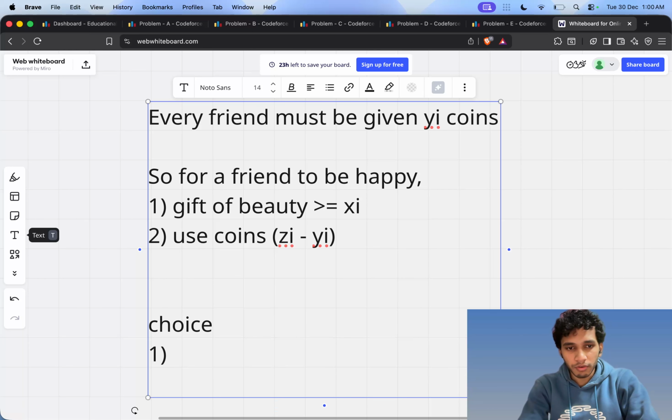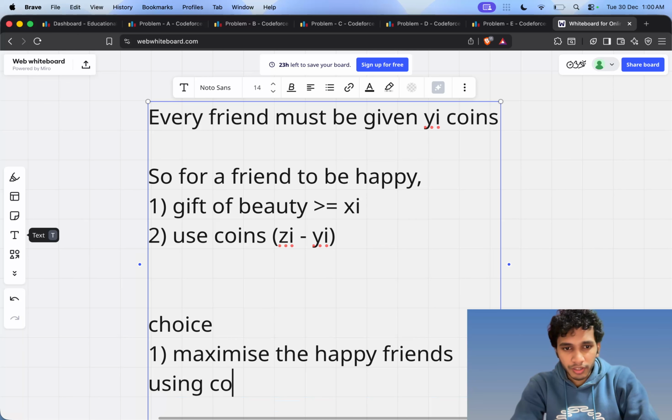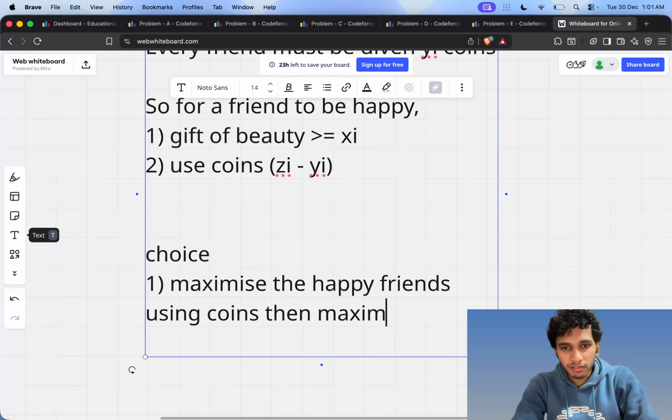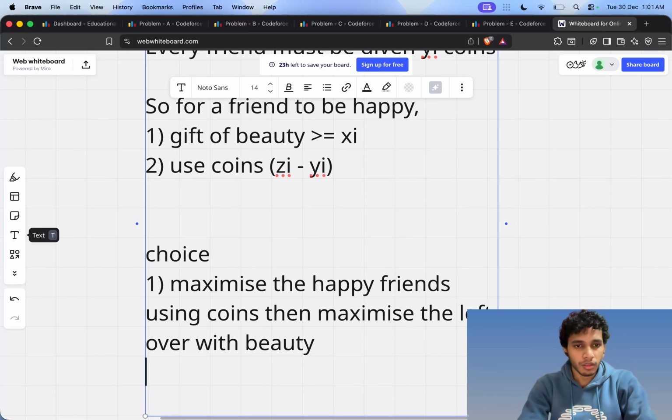One of the vague ideas could be choice one: maximize the happy friends using coins, then maximize the leftover with beauty.